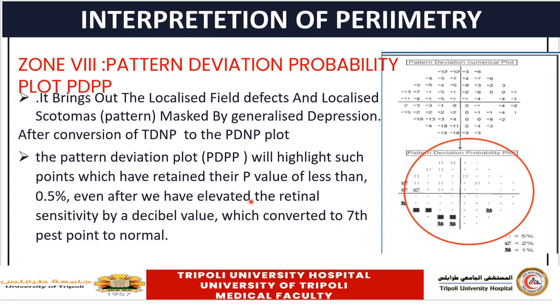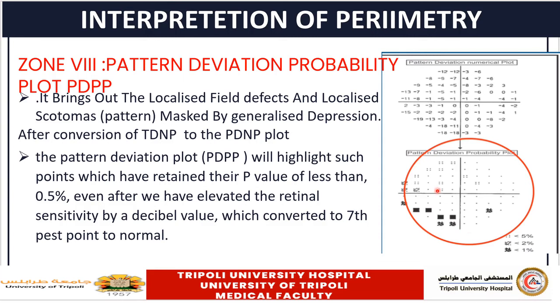The 8th map, after the pattern deviation numerical plot, is the pattern deviation probability plot. It is the same, but after applying statistical tests to show whether the deviation is statistically significant or not. The main advantage of the total deviation numerical plot and probability plot is that it extracts and highlights the localized defect from the generalized depression in the visual field.